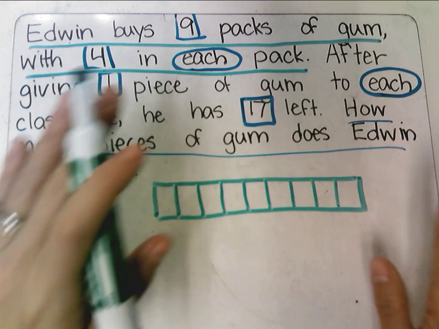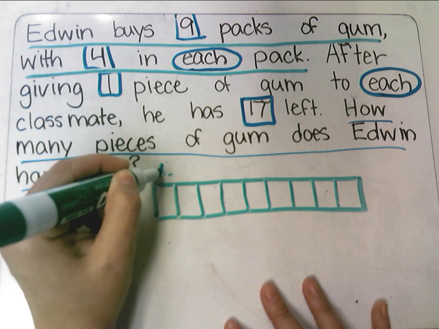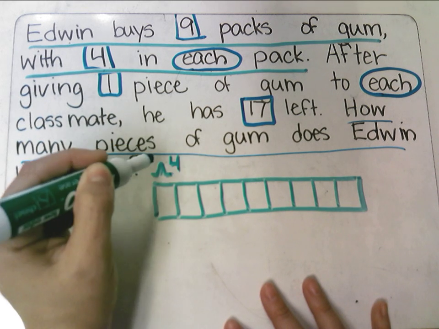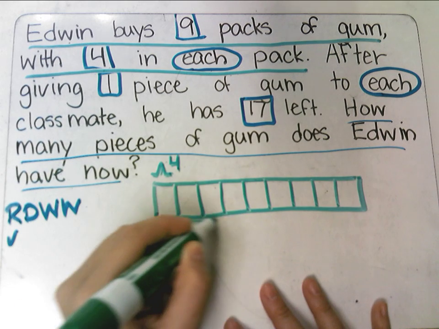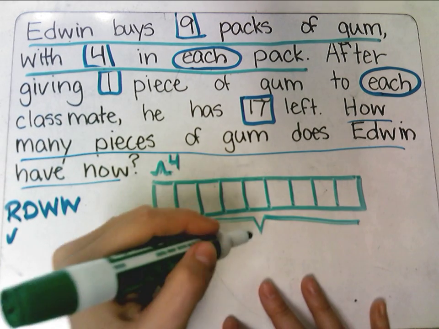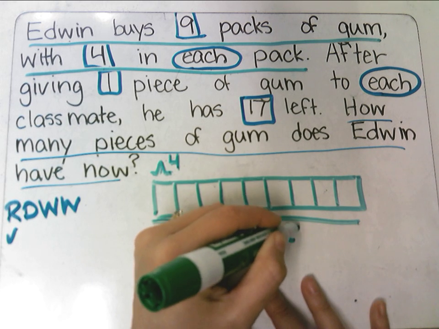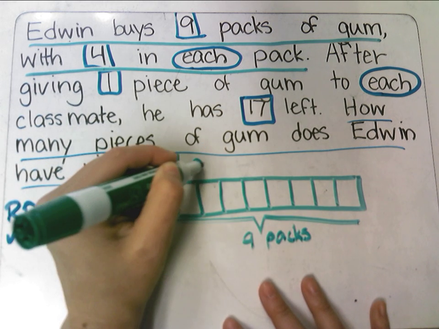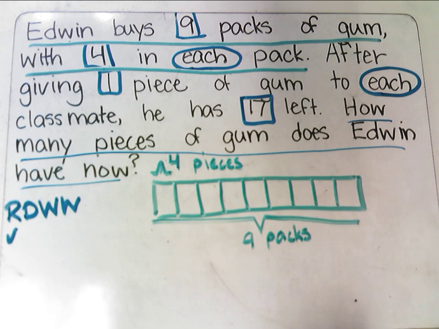So let's start to label our tape diagram. We have 1 square representing 4 pieces of gum. And our whole tape diagram, our big bracket, is how many packs? 9 packs. 4 pieces for each square, 9 packs in all.